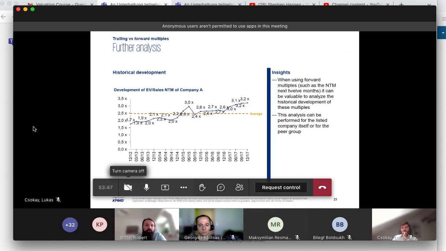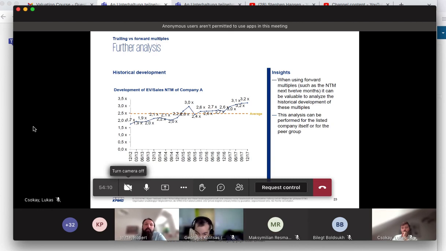The average is at 2.5. Now it's at 3.2. And what you also want to say is that I see a certain upwards trend, right? When I calculate the average of, I don't know, 2012 to 15, it's way lower than 15 to 2017.